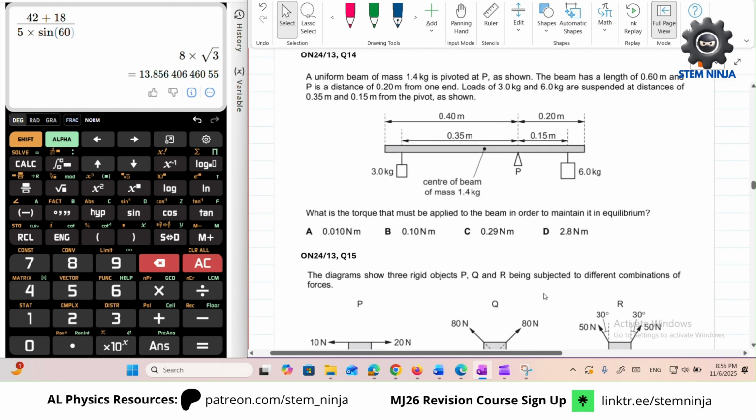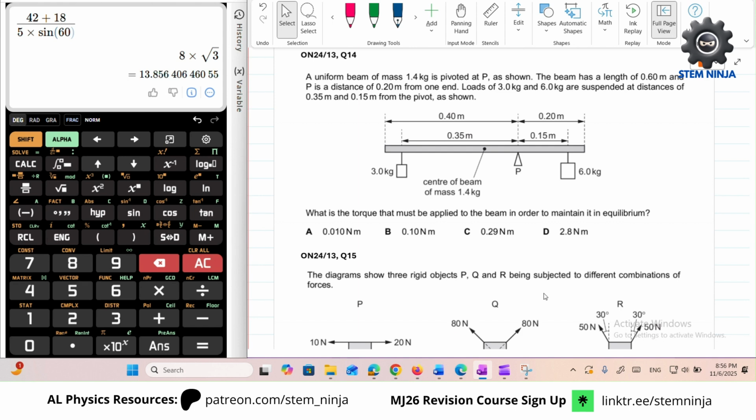Okay, a uniform beam of mass 1.4 kg is pivoted at P. The beam has length 0.6 meters and P is at a distance of 0.2 meters from one end. Loads of 3 kg and 6 kg are suspended at distances of 0.35 and 0.15 meters from the pivot.